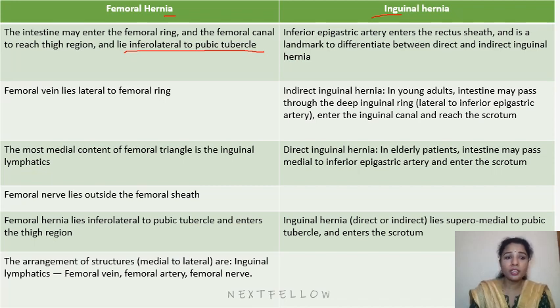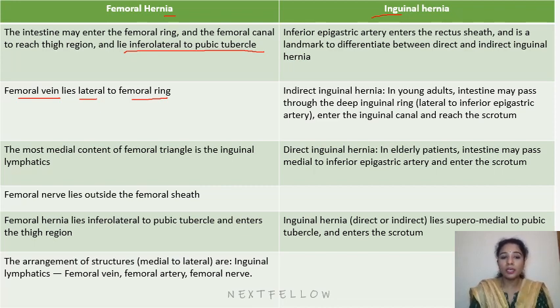In femoral hernia, the femoral vein lies lateral to the femoral ring. If you have seen the femoral triangle in the lower limb, you can go back and see that video. Laterally to the femoral canal, the femoral vein is present within the femoral sheath.